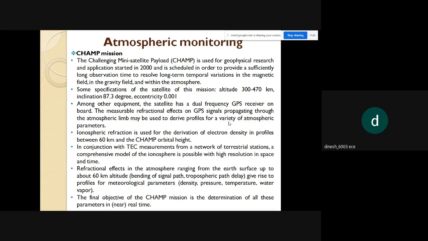The measurements such as density, pressure, temperature, water vapor, integrated water vapor, all can be determined by using this CHAMP mission, challenging mini satellite payload.